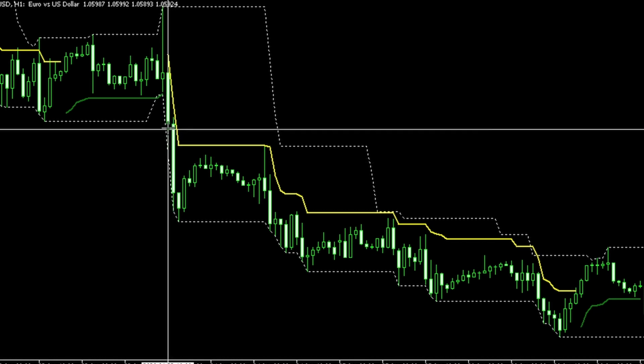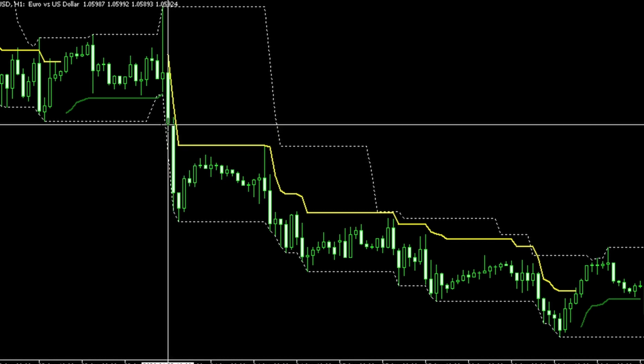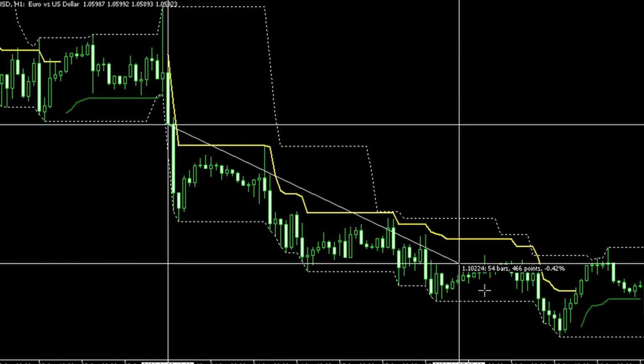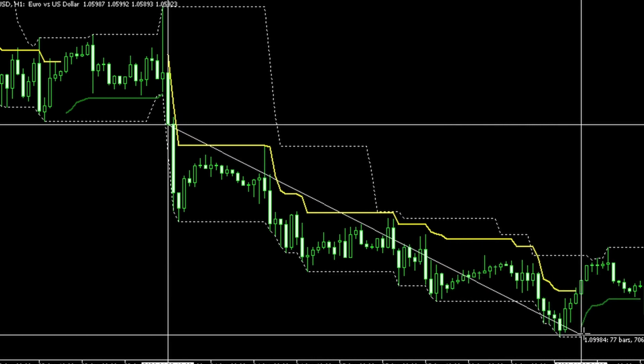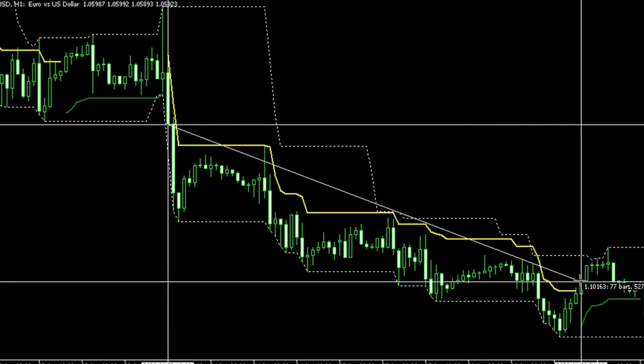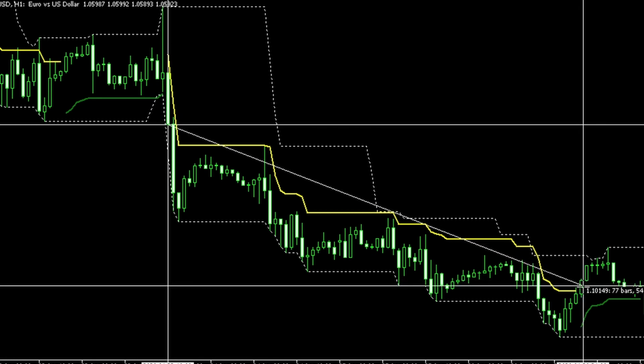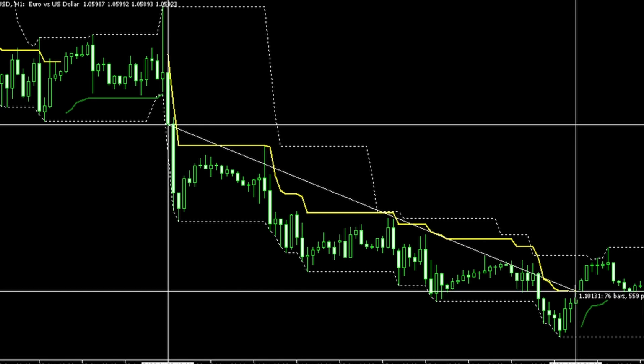In this case, where I actually had a winning trade, I would have entered there, and under the standard rules, I would exit at the top of this bar when the trend changed for 523 points. Now it's only a small bar, but if I exited on that Supertrend stop loss, that would have been 559 points.